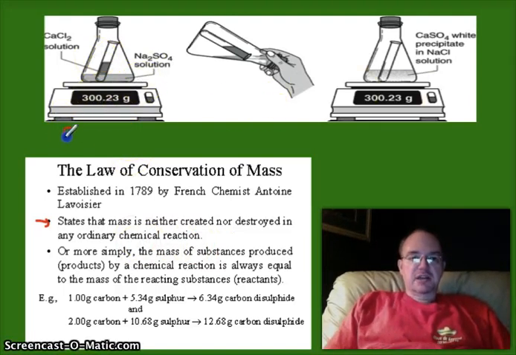It may take me a second to write some of this down, but you can see at the top we have some kind of solution that is made of calcium and chlorine. So CaCl2, and you added it to this sodium solution here. Na is sodium, by the way.